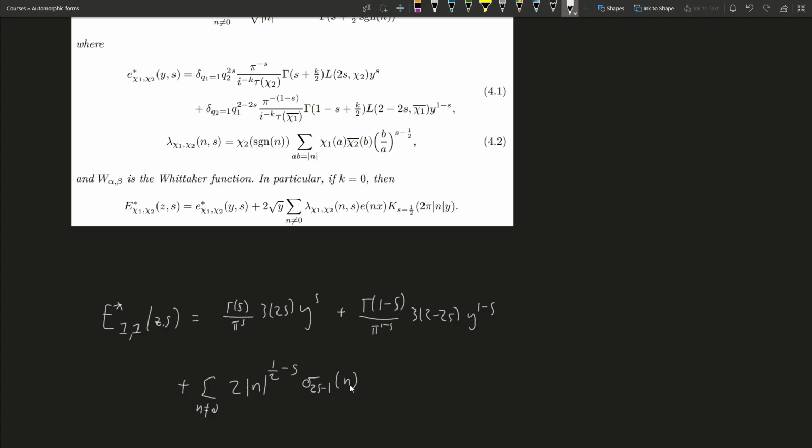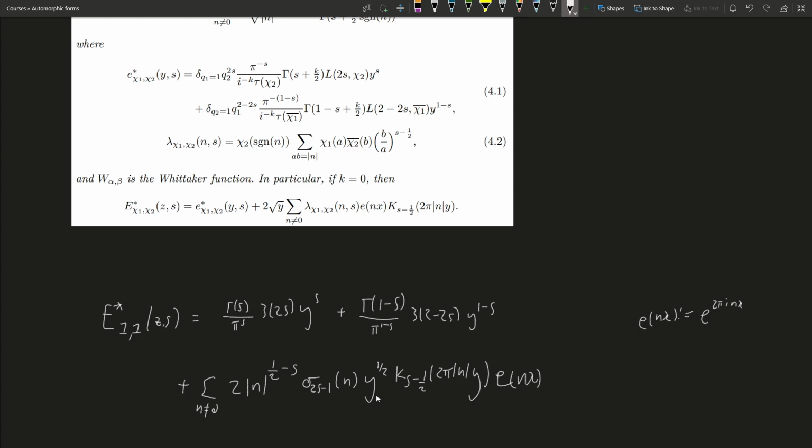Remember, we're defining this to be the same as the function evaluated at the absolute value of n. And then we have our Whittaker function, square root y times modified Bessel function of the second kind. And then here e of nx. So remember, I'm using the notation that e of nx is defined to be e to the 2 pi i nx. Okay, so this is what we end up getting.